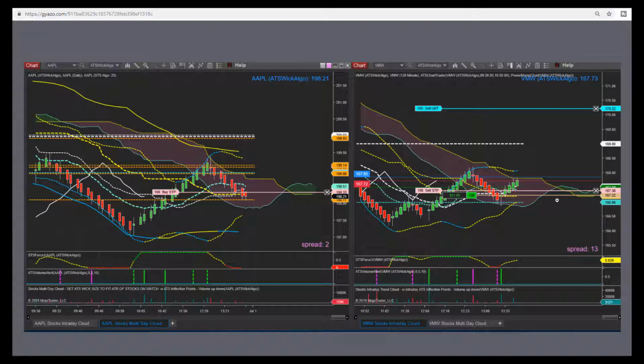As it turned out, you can see I was in it much lower because I went to my smaller 10 factor wick bar, traded this line, and took this trade early with a tighter stop.